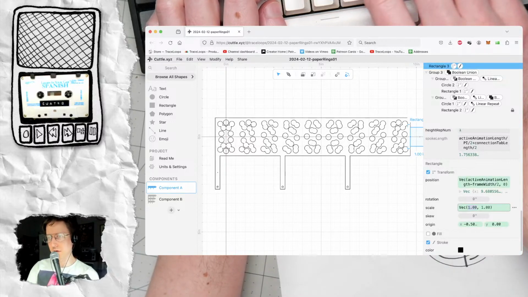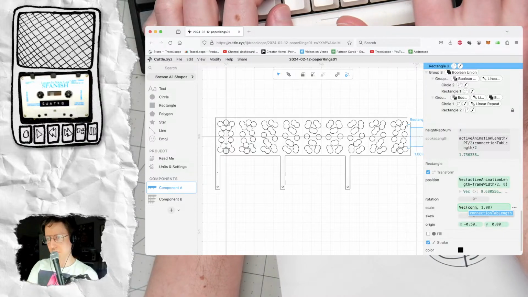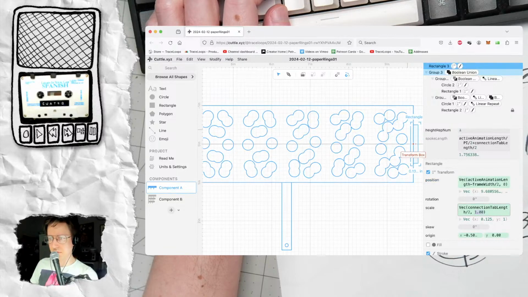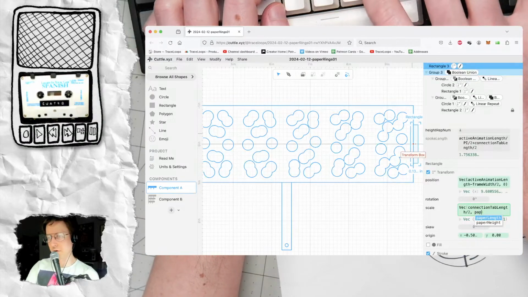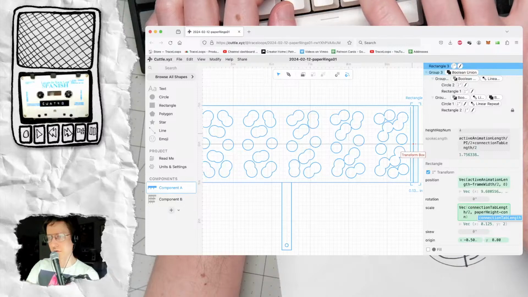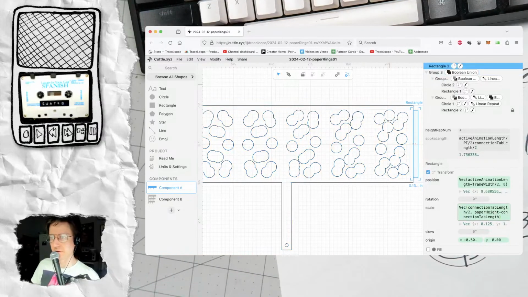The width is connection tab length divided by 2. And paper height minus connection tab length, just so I know where it is.